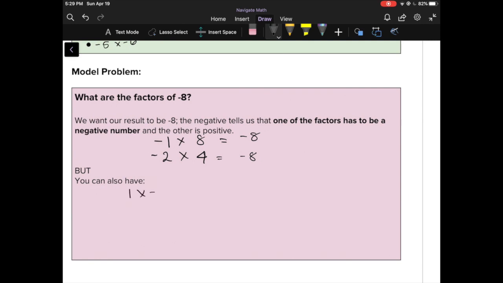But you can also have 1 times -8, because these are two different numbers now, and 2 times -4. So this means that the factors of -8 are -1 times 8, -2 times 4, 1 times -8, and 2 times -4.